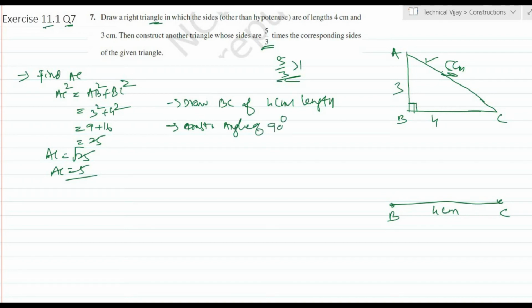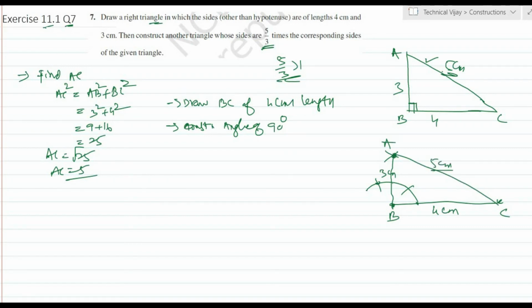Keep the compass at this point and make an arc here. With the same arc length make another arc, so these will be 60 degree. Then we have to bisect this angle: from this point one arc, from this point another arc. We join this point here, so this is the length of 3 centimeter. Then join these points, and this will become 5 centimeter.